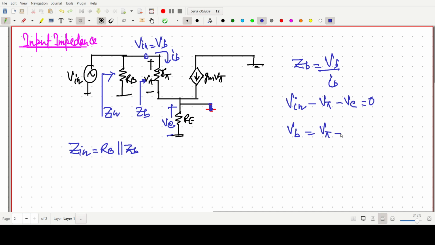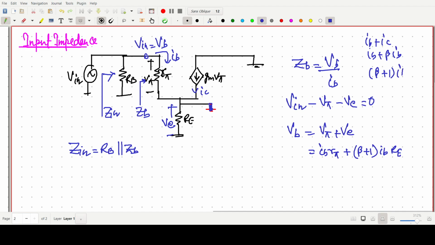So V pi plus VE, and V pi is IB into R pi, and VE is nothing but simply beta plus 1 IB RE, because this current will be IB plus IC. So IB plus beta IB, so beta plus 1 IB into RE. That's why I'm writing like this.